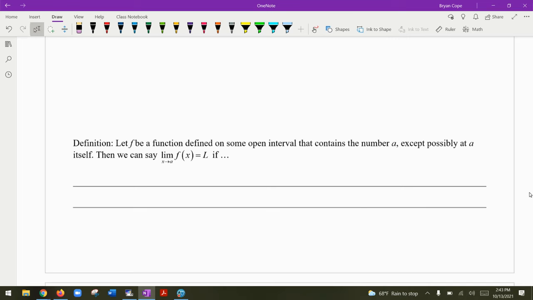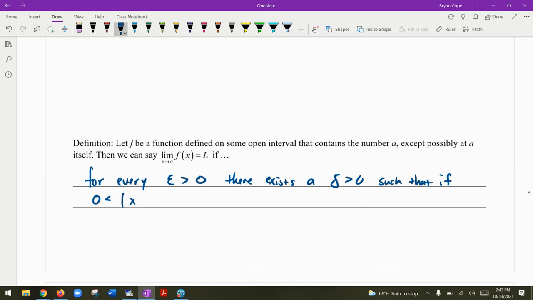Then we say that the limit of f(x) as x goes to a equals L if, for every epsilon greater than 0, there exists a delta greater than 0 such that if 0 < |x - a| < delta, then |f(x) - L| < epsilon.